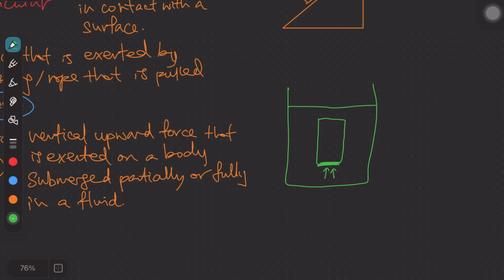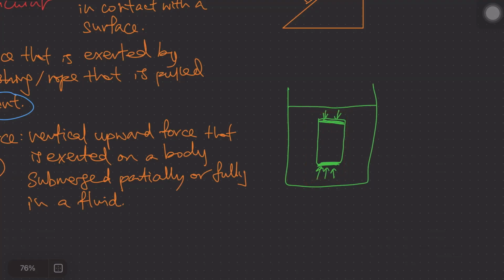However, this surface in the deeper side of the fluid exerts greater pressure, and hence force, as compared to the top side. You can imagine the bottom side exerting more pressure than the top. As such, there's a pressure difference, a force difference, and a net upward force acting on this object.